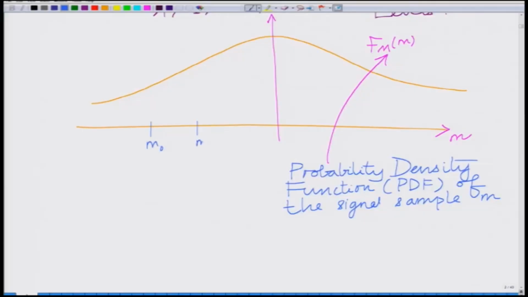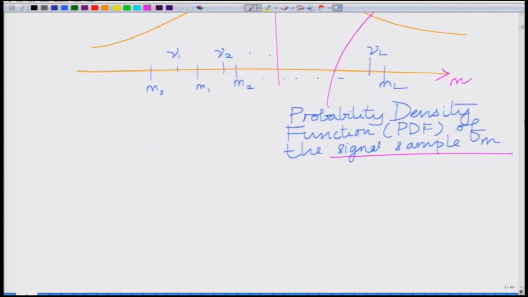And now, we have to place these intervals m0, m1, ml and the quantization levels nu 1, nu 2 up to nu l, and we will use the probability density function of the signal sample m.